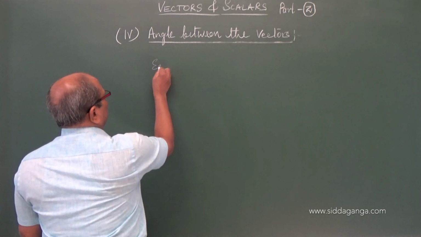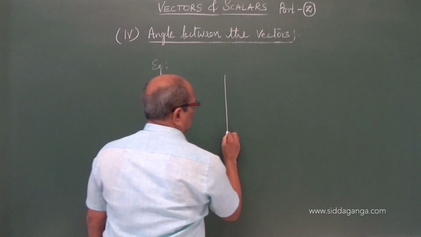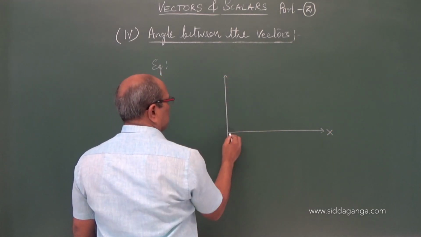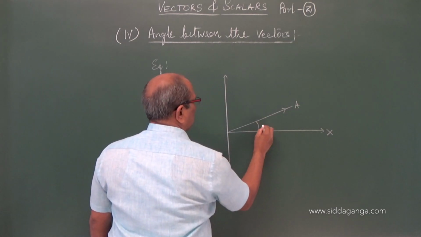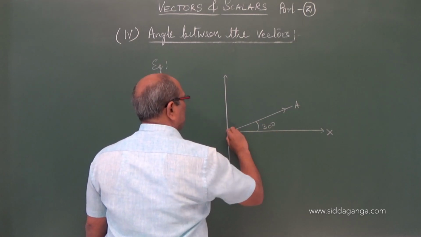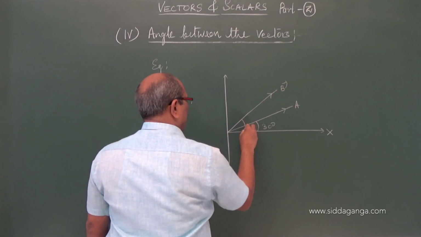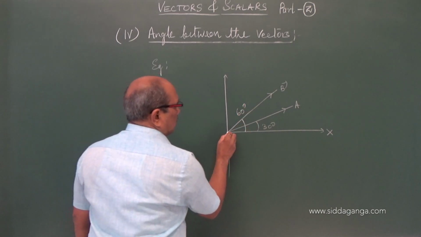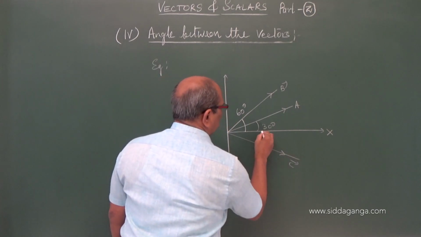So, for example, take here the x-axis. Now, this is the vector A, maybe making an angle of 30 degree, and this is the vector B, making an angle of 60 degree, and here is a C vector, which may be 15 degree.